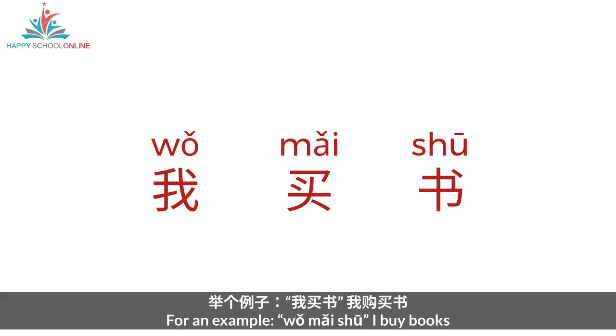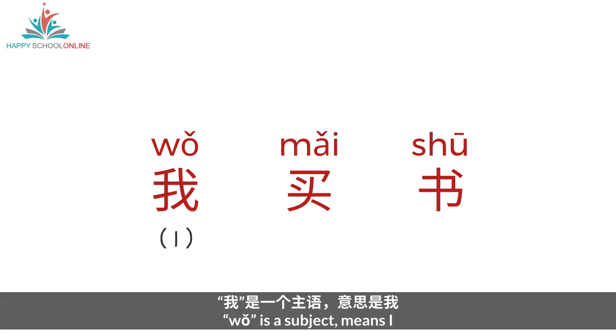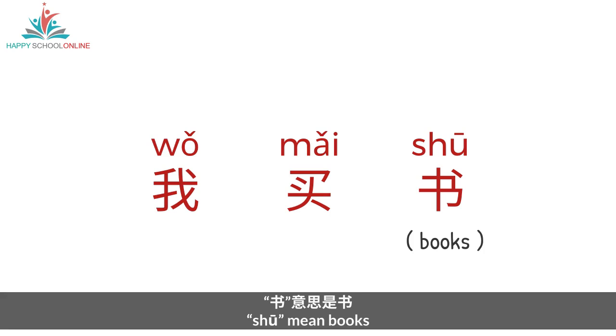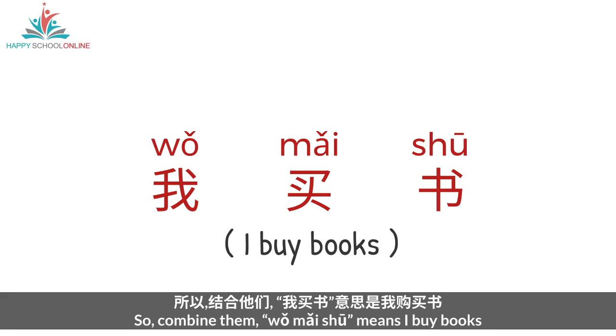For an example, 我买书, I buy books. 我 is a subject, means I. 买 means to buy. 书 means books. So, combine them. 我买书 means I buy books.